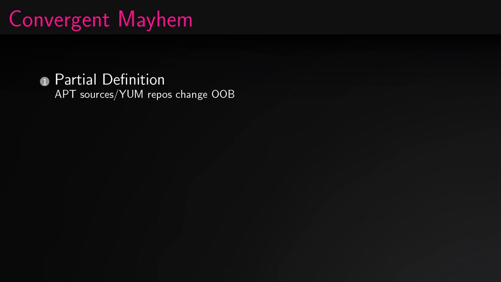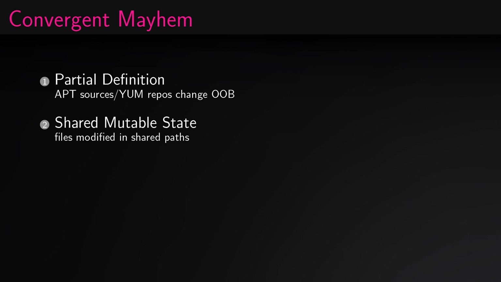And so, for example, apt sources or Yum repositories change out of band. So if you do a Chef converge on a set of systems, then you may get the same result, but you may not, right? It's totally dependent on these external things that you depend on.